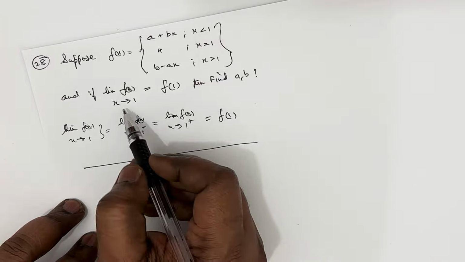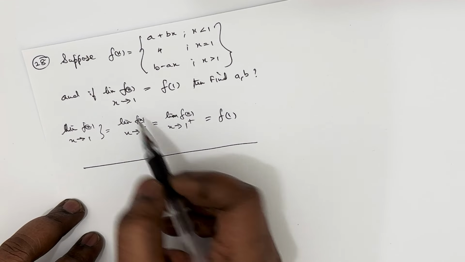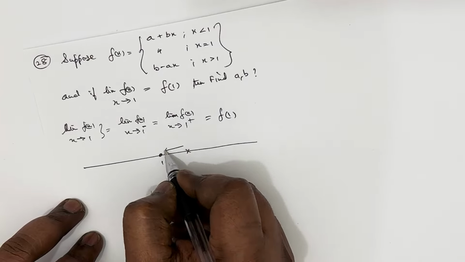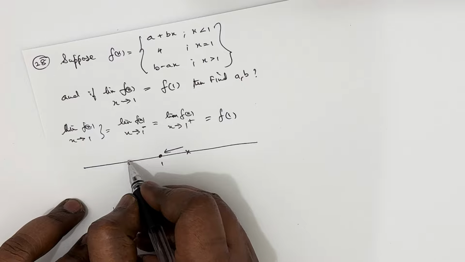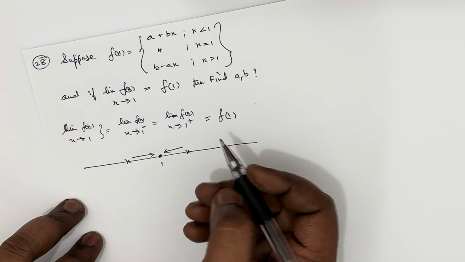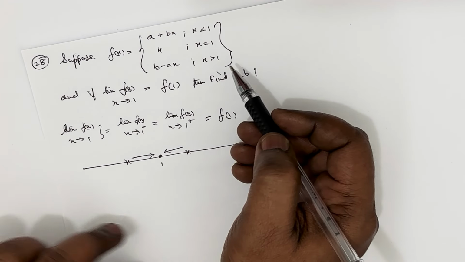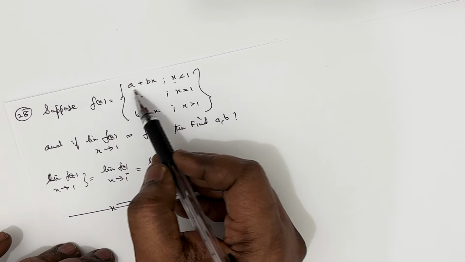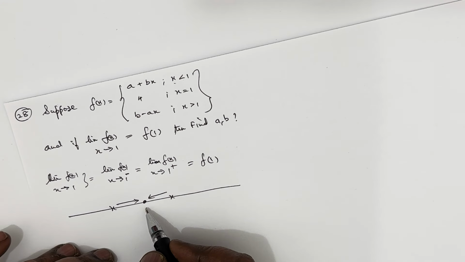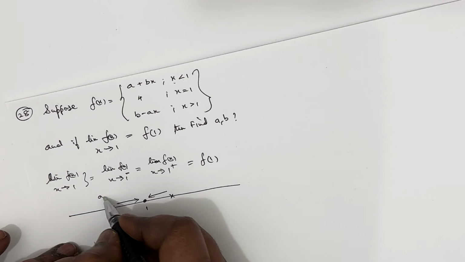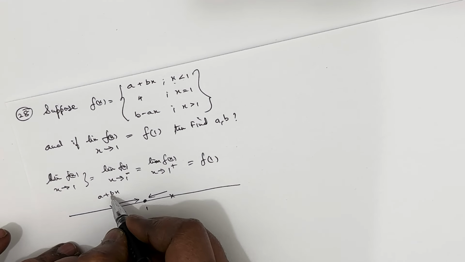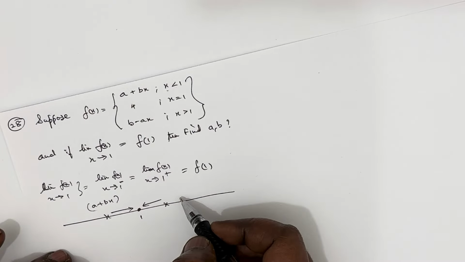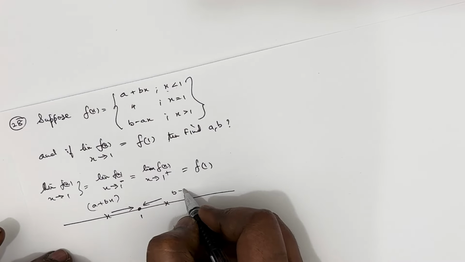Now let's find the left hand limit and the right hand limit. As x approaches 1, let this point be 1, and x is approaching 1 from the right hand side and from the left hand side. When x is less than 1, the function is a plus bx. Less than 1 is this side. When x is greater than 1, the function is b minus ax. So this is this side.